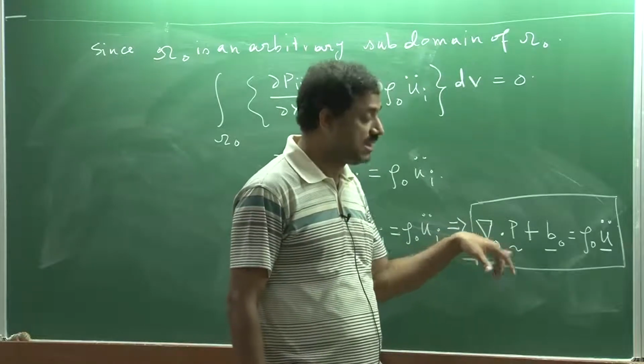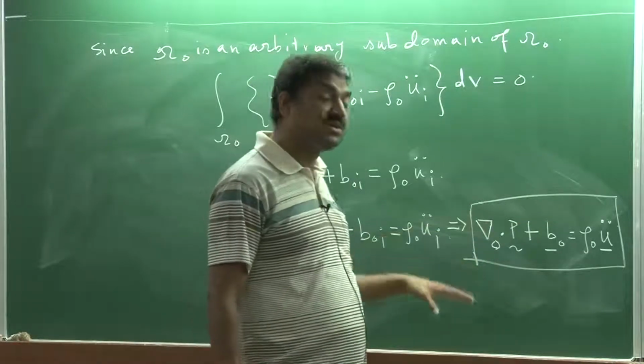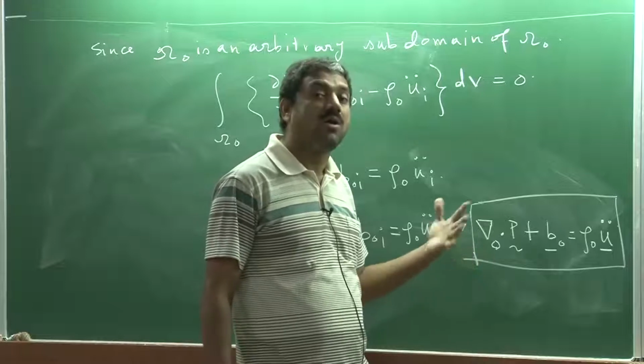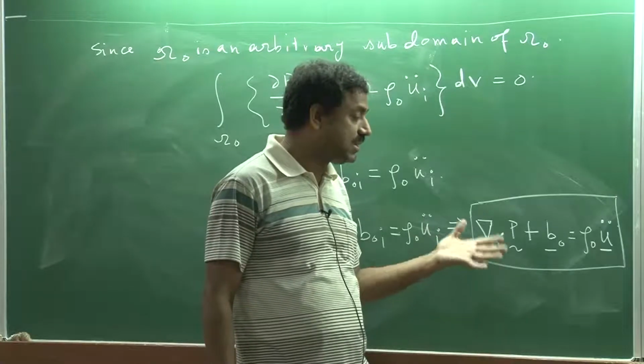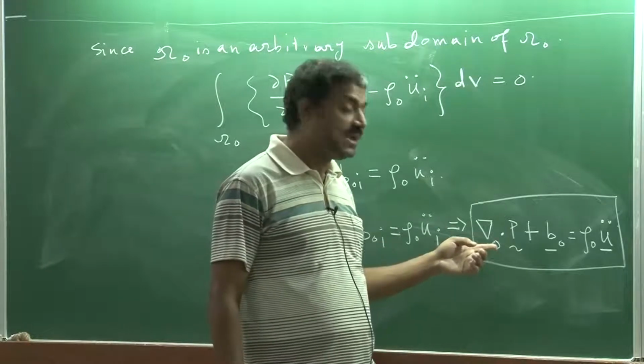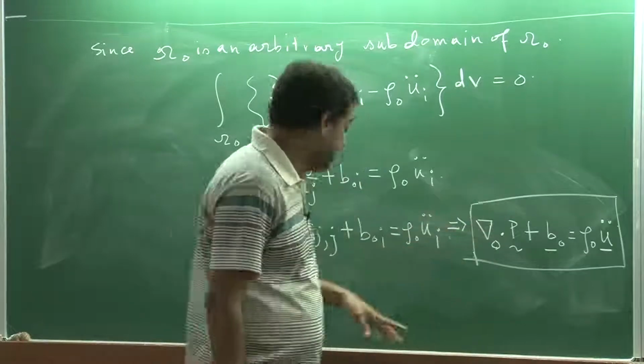So, 0 was absent there. So, in the form it looks similar to the equilibrium equation or linear momentum balance equation in terms of the Cauchy stress tensor. The only difference is that here it is referring to the undeformed, there it was referring to the deformed.